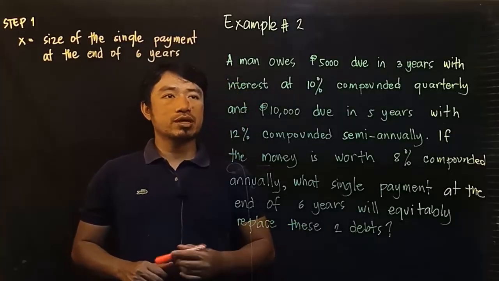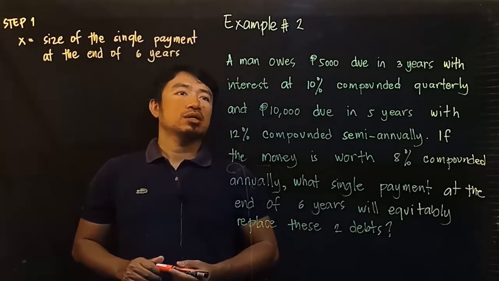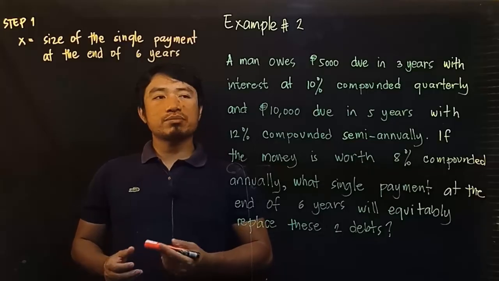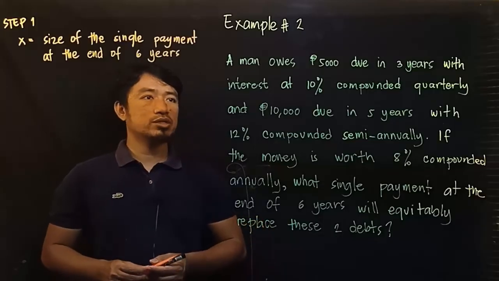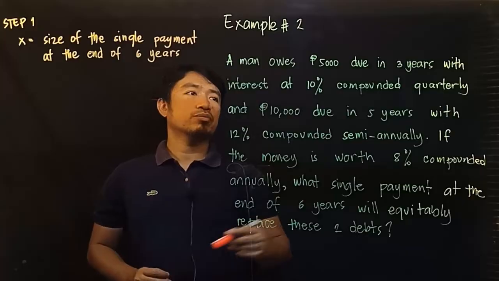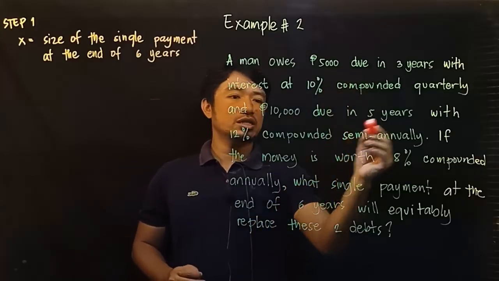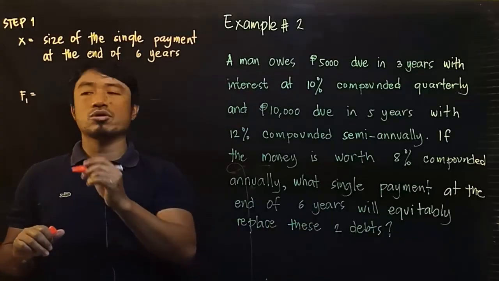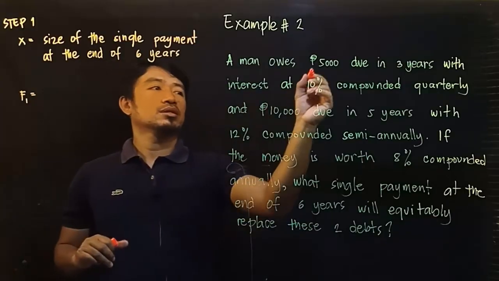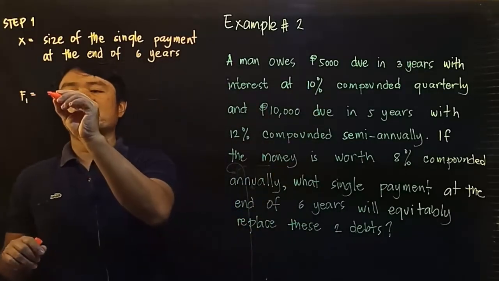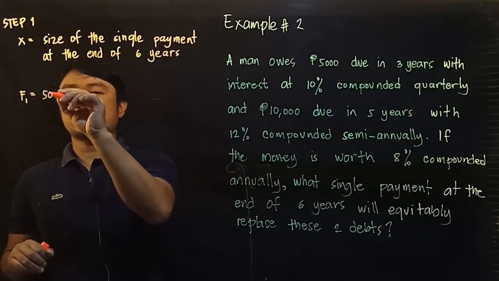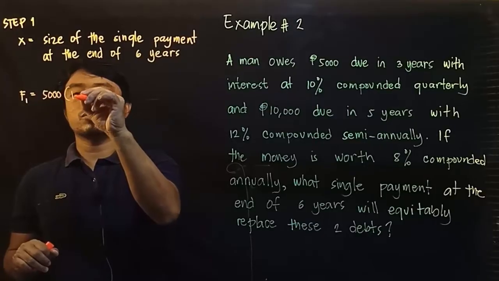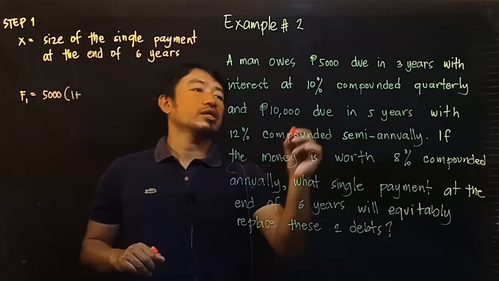Before we proceed to step 2 and step 3, where we draw a time diagram and identify the comparison date, first we're going to compute the future value of these two debts. So we're going to call F1 the future value of 5,000. So this is 5,000 times 1 plus the interest rate.